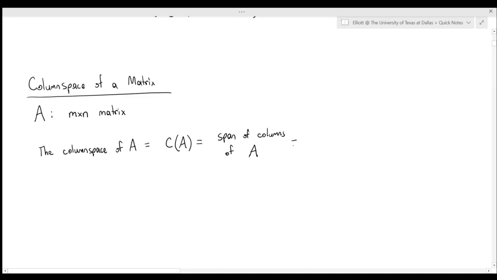So you can rewrite this by saying that the column space of A is the set of all linear combinations of the columns of A.